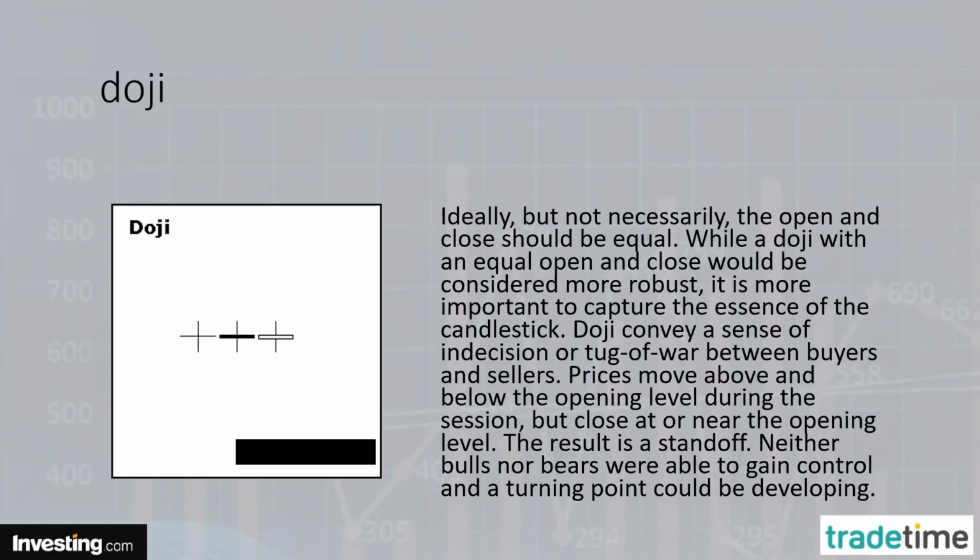A doji has virtually no difference between the open and the close. Now, especially in the stock market or the commodities market, it has to be virtually the same. In the Forex market, it can be like the two to the right instead of the straight cross.